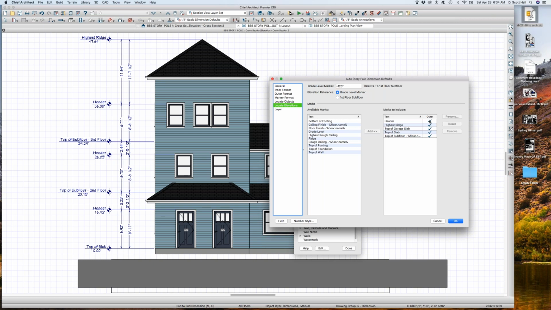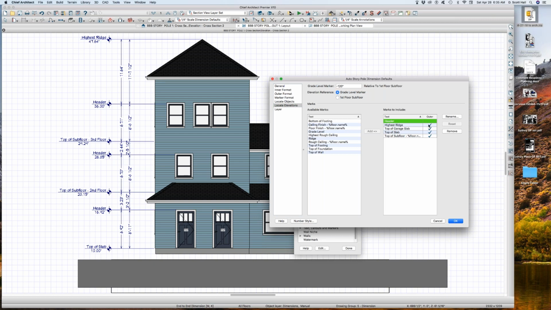But by the way, anything over here is going to definitely be in the inner dimension. But if you don't want it to be on the outer dimension, you uncheck this. Anything over here will be in the inner dimension, but if you don't want it on the outer, you check this.